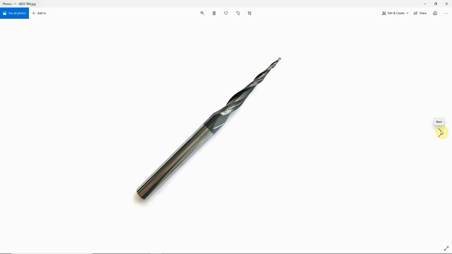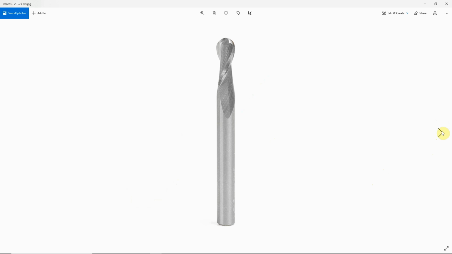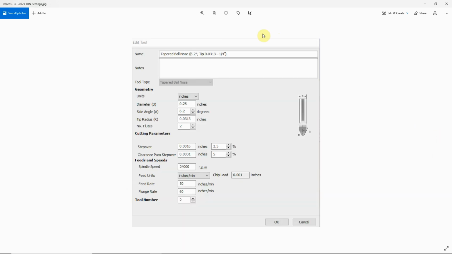The first email I got was asking me about what do I do when I have a 3D model that has a long cut time. And as we discussed it, he basically told me that he had a model that was going to take 30 hours to carve. So after further discussion, what we got into was he sent me a picture of his settings, and here was his problem.